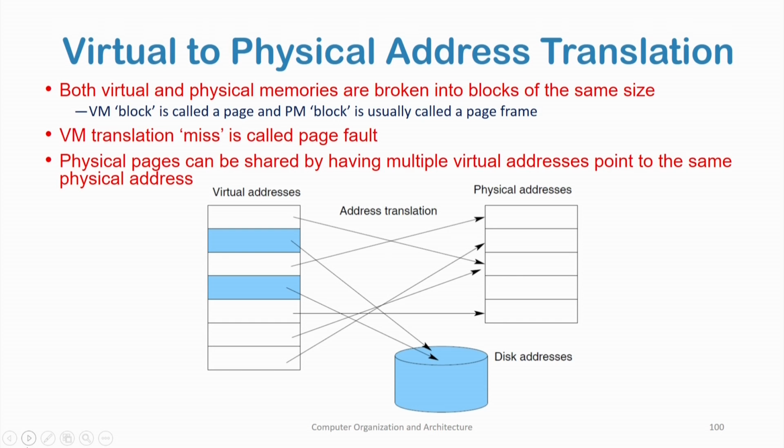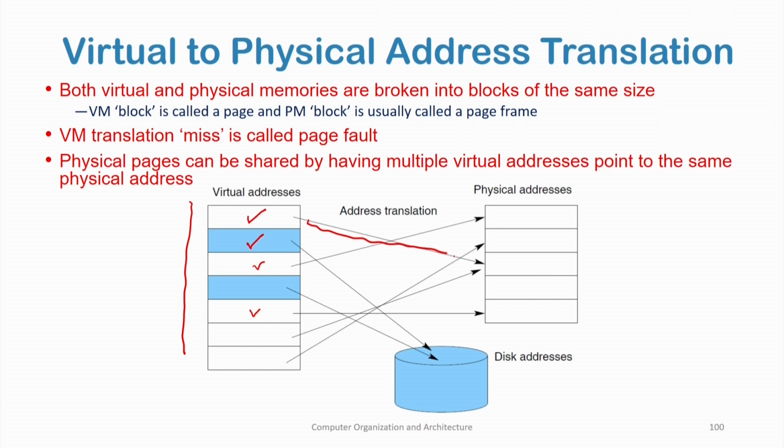When the virtual page that I require is not there in a page frame of the main memory, I have a page fault. Here in this figure, we see virtual addresses on one side. Each of them is a virtual page. For the white pages, I have a mapping in the physical memory.